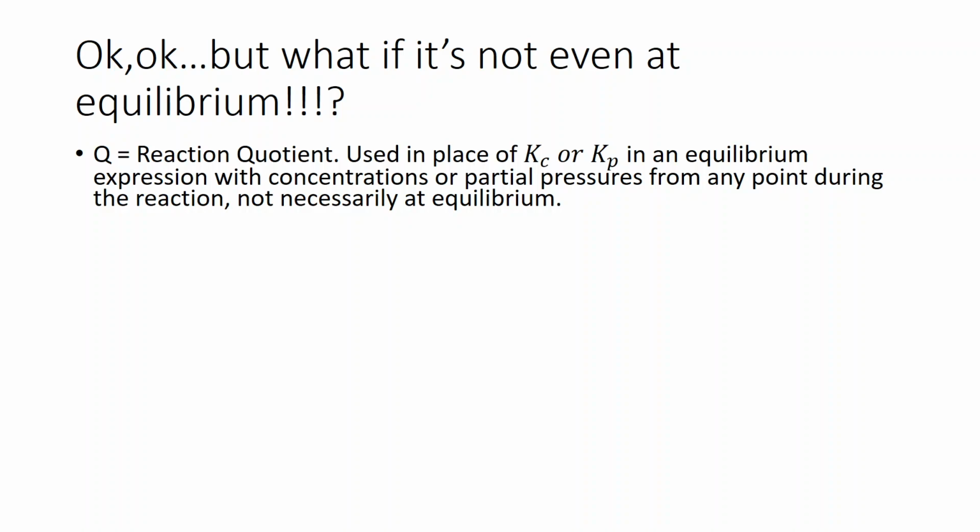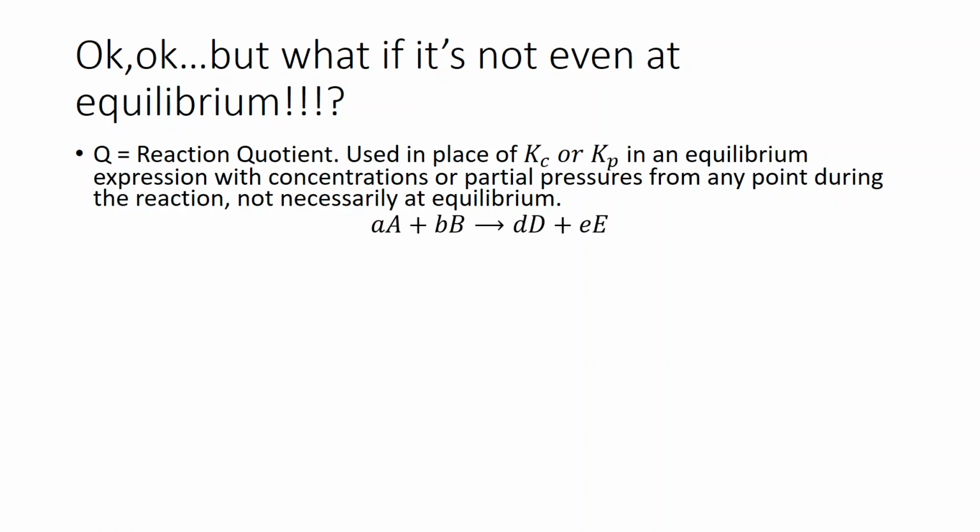Okay, so now you're saying, that's great and all, but what happens if we're not even at equilibrium? So we have something for that, which is Q, right? This is our reaction quotient, and it is used in place of our equilibrium constant in an expression where the concentrations or partial pressures are at any point during the reaction, not necessarily at equilibrium, right?